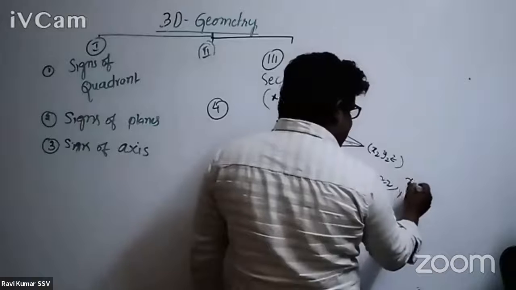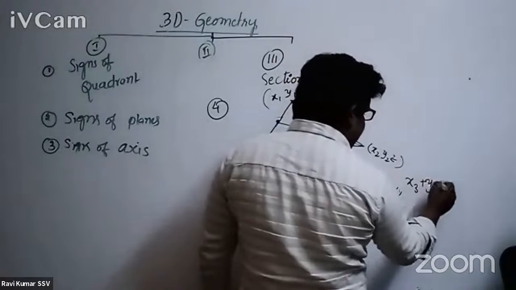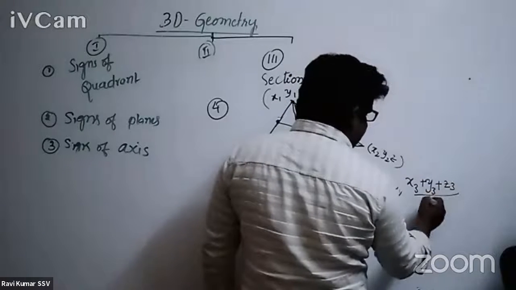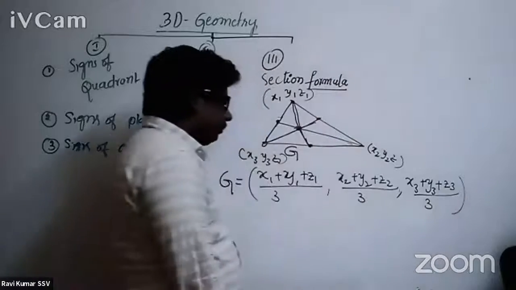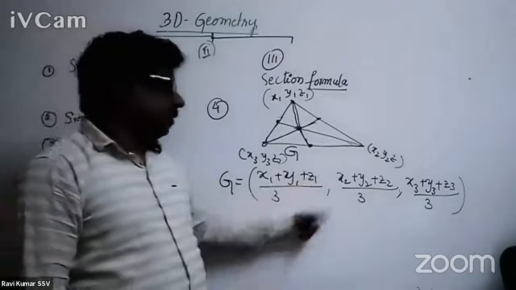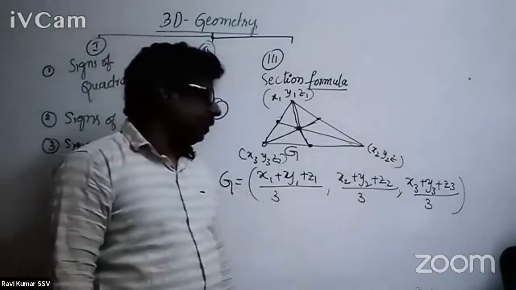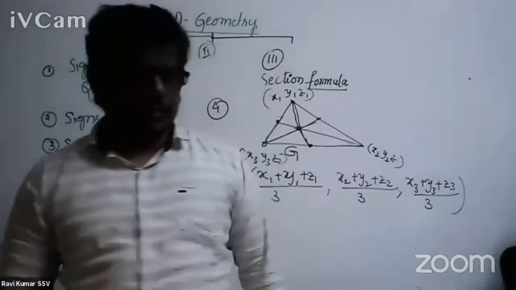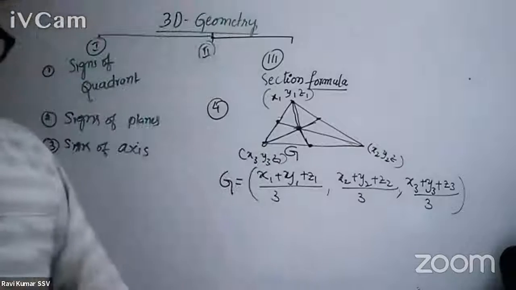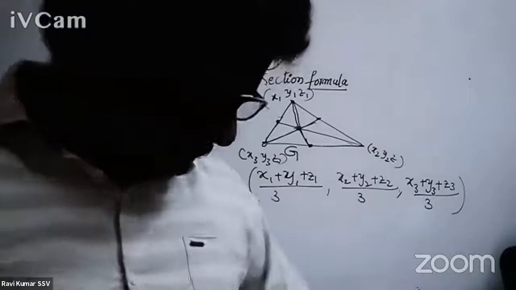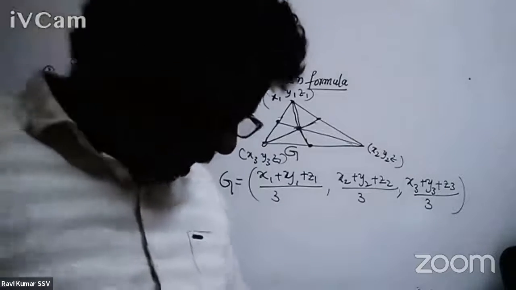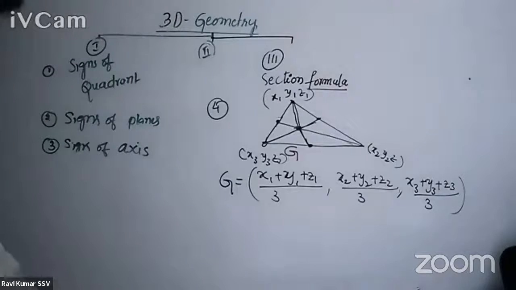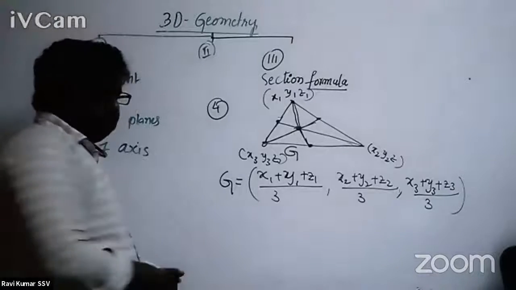The formula is x1 plus x2 plus x3 by 3, y1 plus y2 plus y3 by 3, z1 plus z2 plus z3 by 3. This is the formula for the centroid. Now do it. After that, we can open R.S. Agarwal, page number 790, and do some problems.